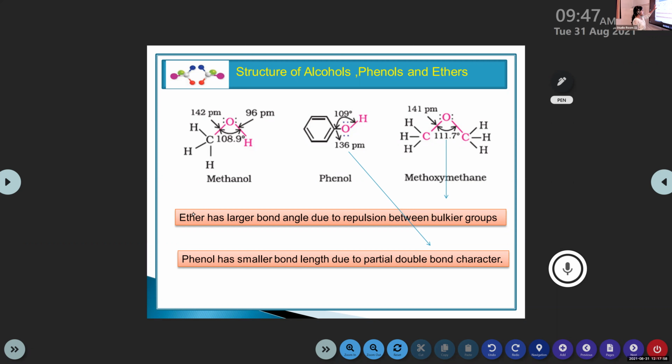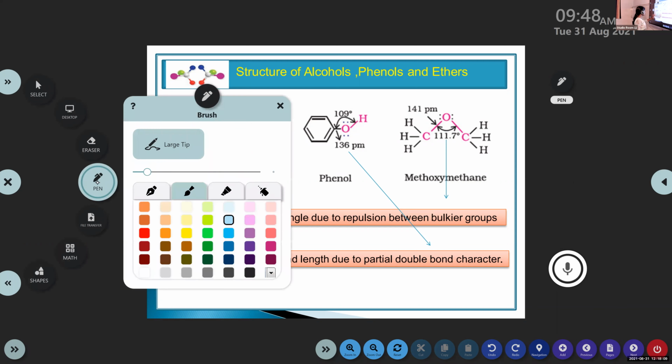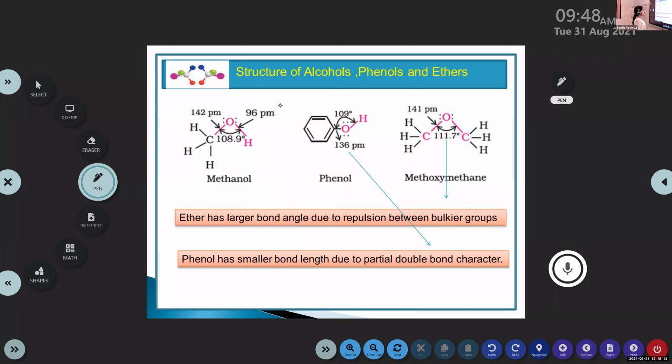These three hydrogens are bonded to the carbon, and there is one oxygen here bonded to hydrogen. That's the bonding in methanol. Here you can see the bond angle is 108.9 degree.